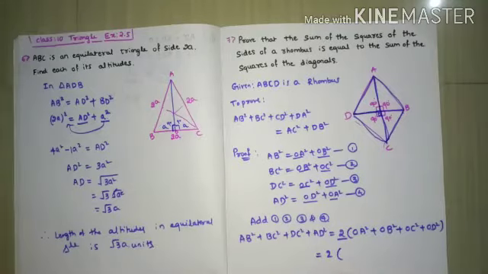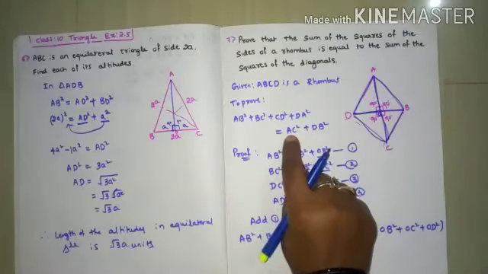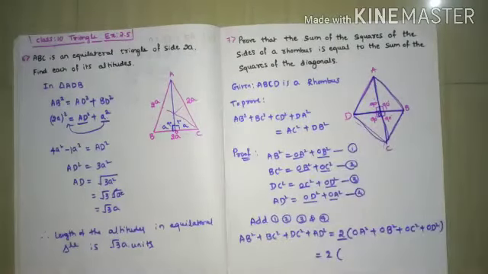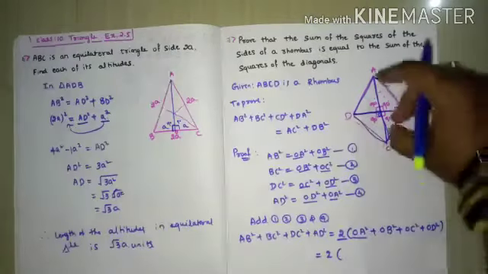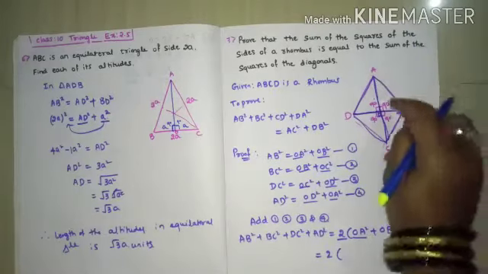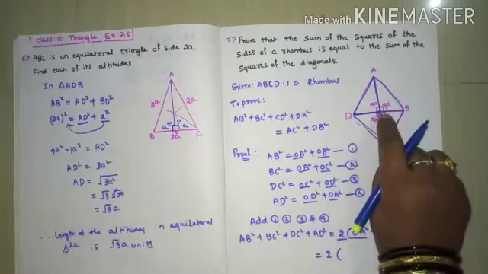Now we want to prove it equal to the sum of the squares of the diagonals. So in place of OA square I can write it in terms of AC. Diagonals bisect each other at 90 degrees.